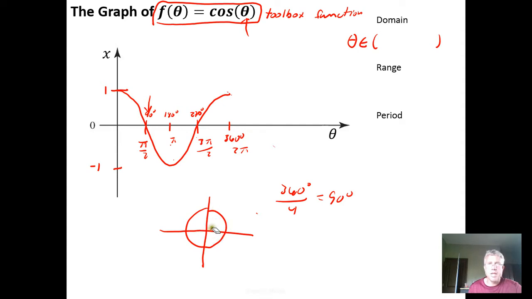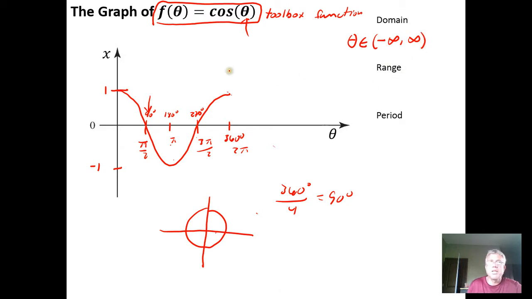Probably infinitely many times. And then negative values for theta are just clockwise rotations. If I start in standard position and I start rotating clockwise, how many times can I do that? Well, there's no limitation on it. I can rotate as many times as I want. So the domain is going to be, theta can be anything from negative infinity to infinity because there's no restrictions on how many times we can rotate.